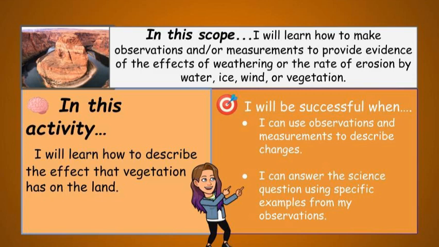These observations and measurements can prove that change has happened. In this particular activity, we're going to learn how vegetation affects or changes the land, and you'll know you're successful with your learning when you can make observations or measurements to describe those changes, and that you can answer the science question using specific examples from those observations.